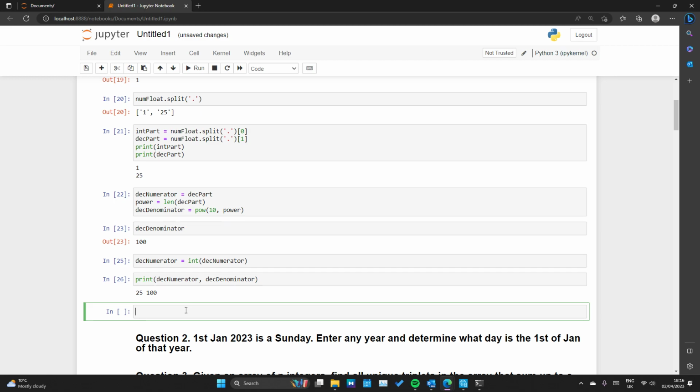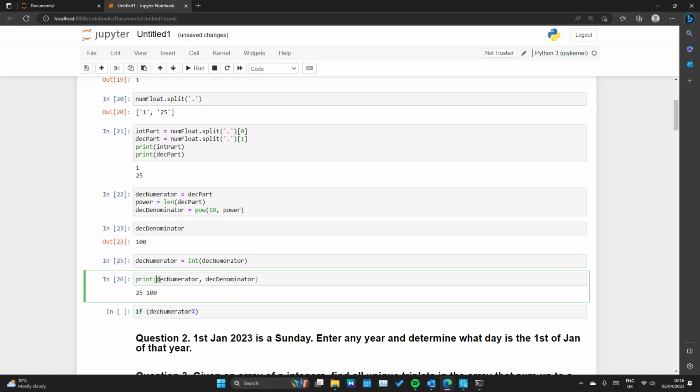So what I'm going to do is check if decimal numerator divided by, so we know that there is a percent operator which gives the remainder.